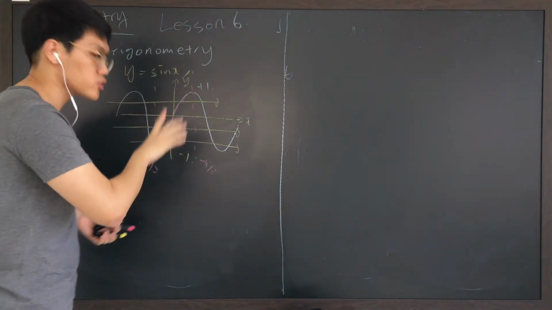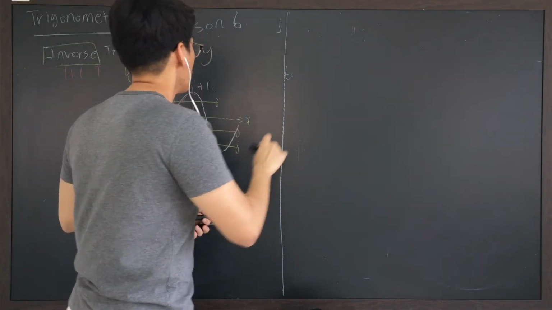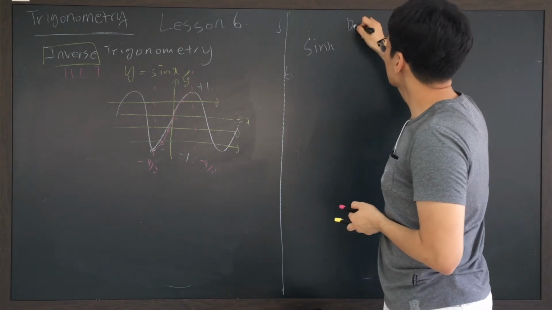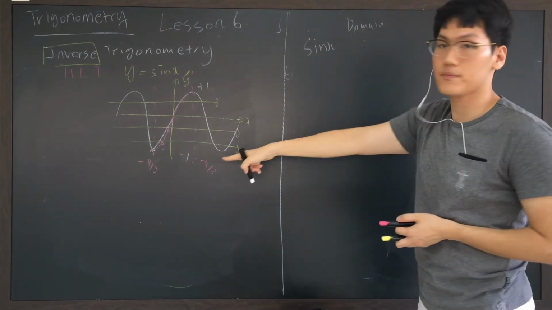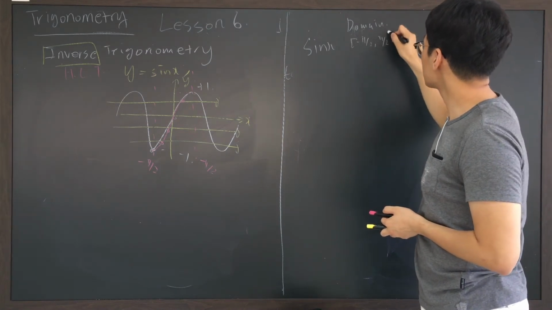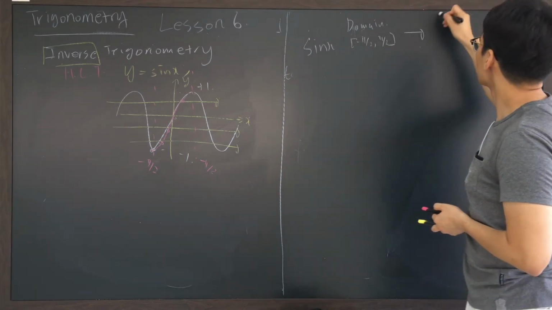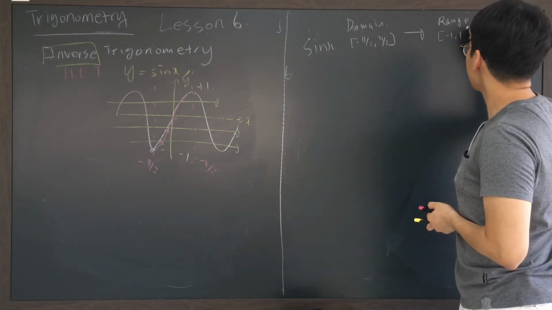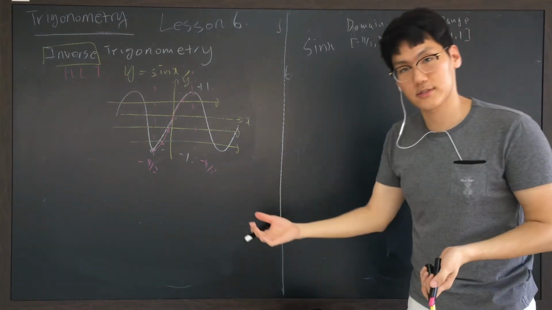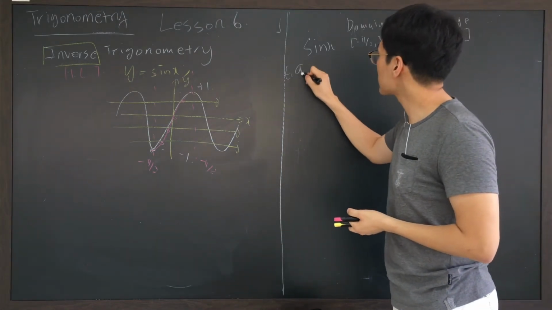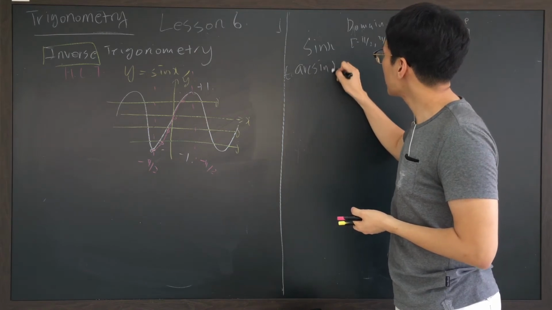So we're going to start restricting the domain first. For sine x, if I define the domain from -π/2 to π/2, to the range of -1 to 1, the inverse function exists. The inverse function, we're going to refer to as arc sine x.